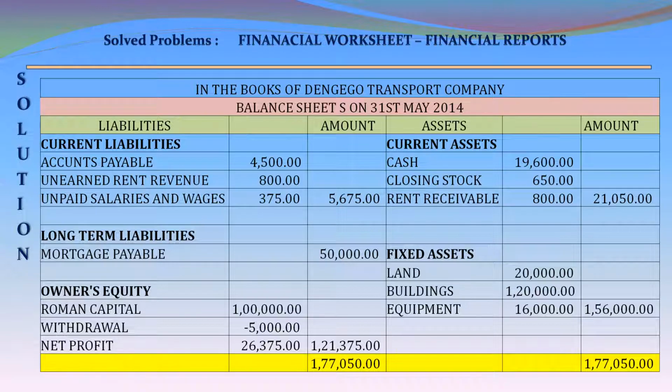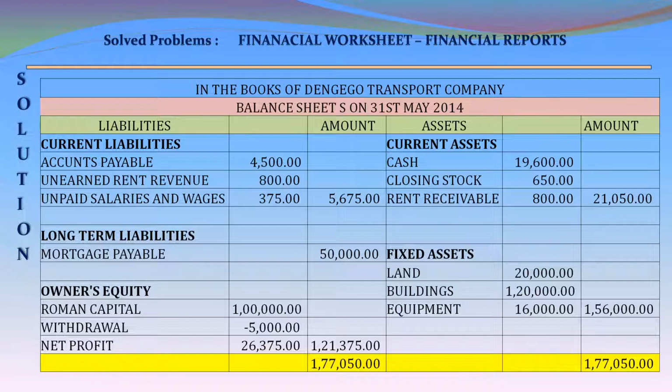Fixed assets: land 20,000, buildings 120,000, equipment 16,000, total fixed assets 156,000. Total assets 177,050.